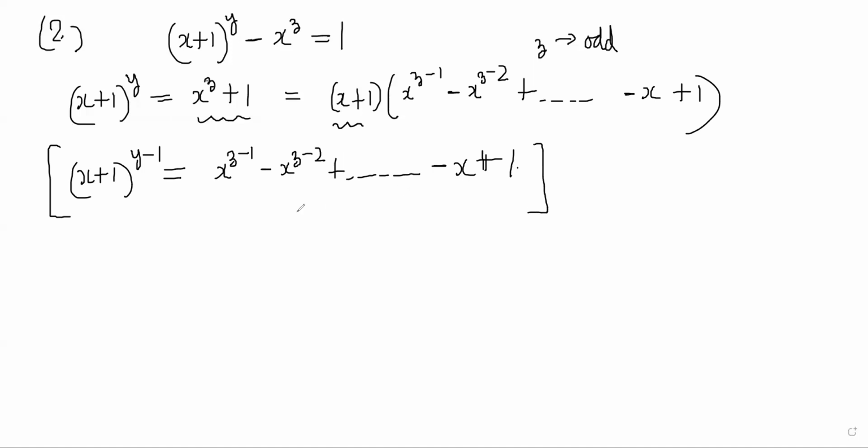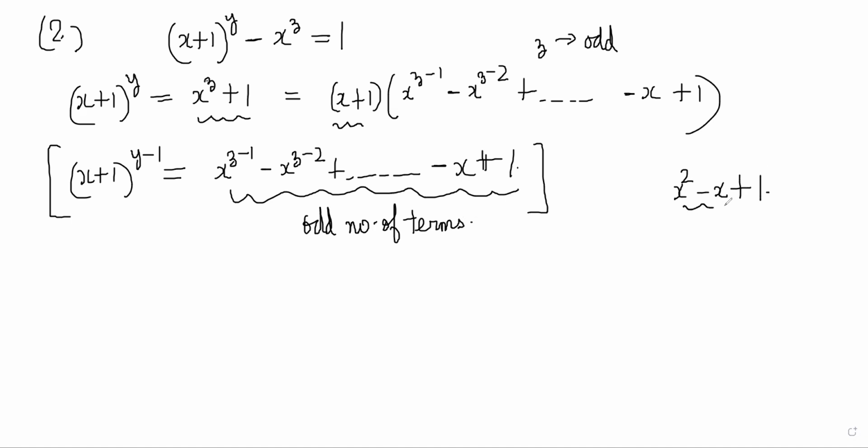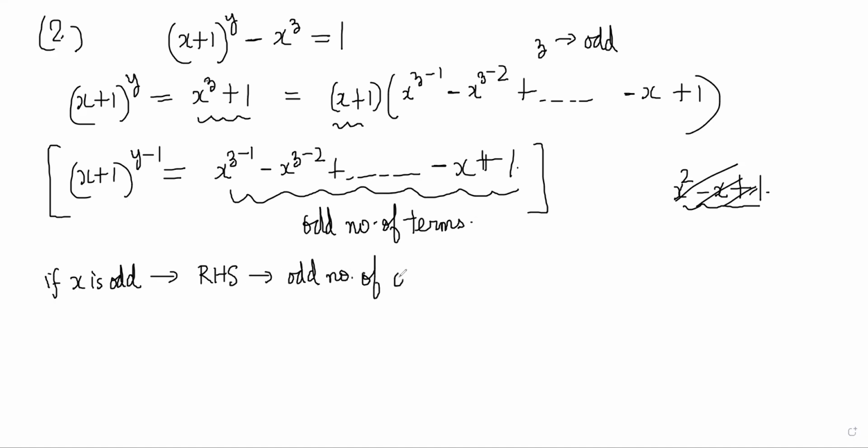Now, if you think about this, this is an odd number of terms, because z minus 1 is even. So it is something like x squared minus x plus 1. It will be 3 terms if z was 3, right? So this is an odd number of terms. And if x is odd, then the RHS will become an odd number of odd integers, right?